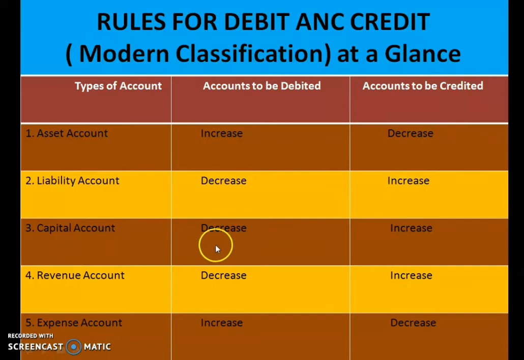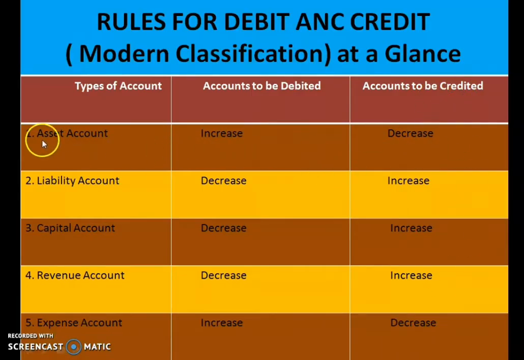Capital account, if it decreases you have to post it on the debit side. If it increases, post it on the credit side. Revenue account, if it is decreasing, then you have to show it on the debit side, and if it is increasing, then you have to show it on the credit side. Expenses account, if it is increasing, you have to show it on the debit side, and if it is decreasing, you have to show it on the credit side.